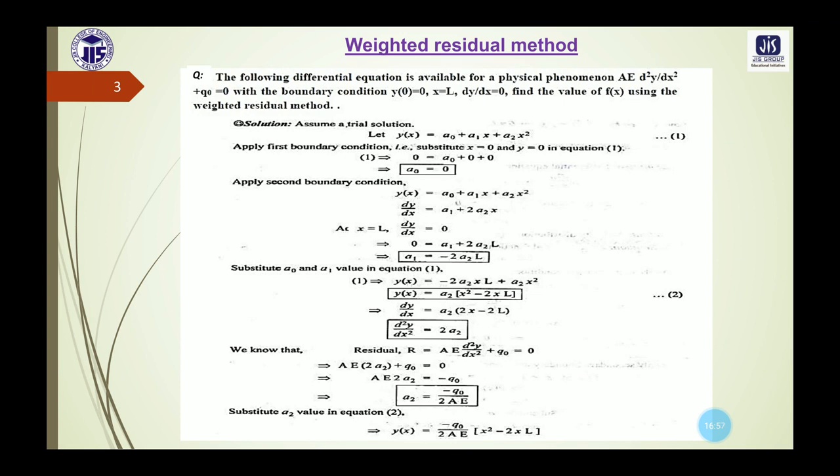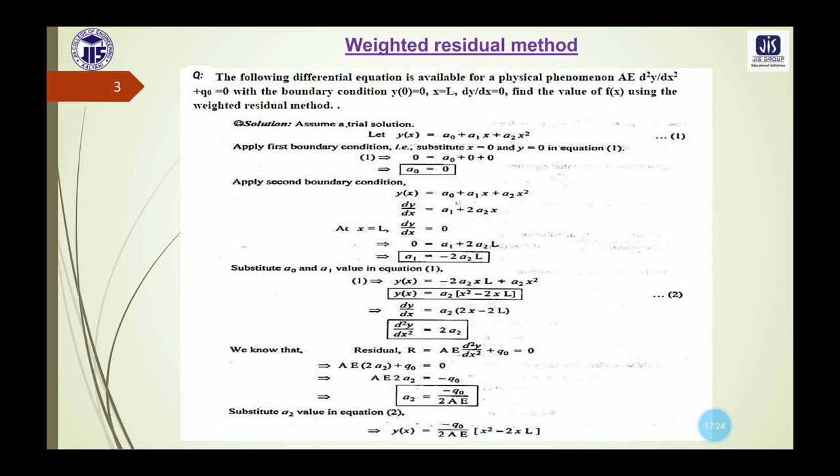Now if we do the second order differentiation of this equation, we get d2y/dx2 equals 2a2 only, because the other part, 2a2L, is a constant with respect to x.